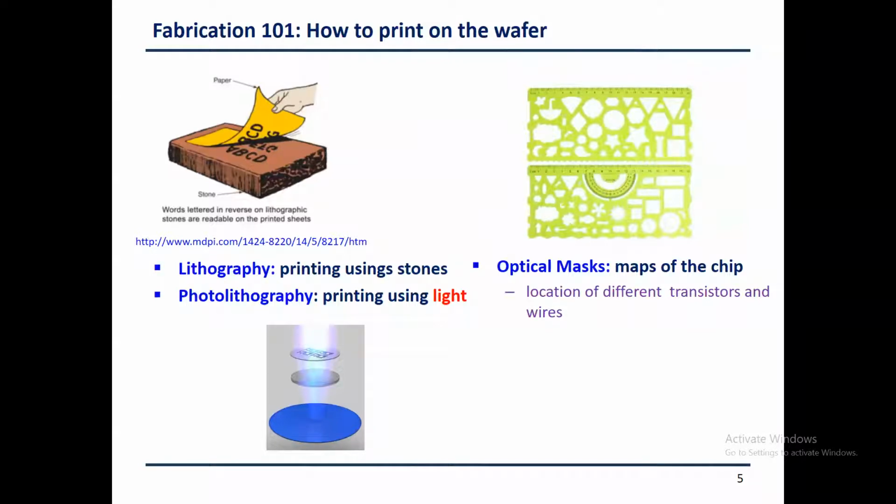how it gets sliced, and then how lithography, which for our purpose is photolithography, which is printing using light, is being used in order to transfer maps of the chip we refer to as masks to print the different layers of the chip.